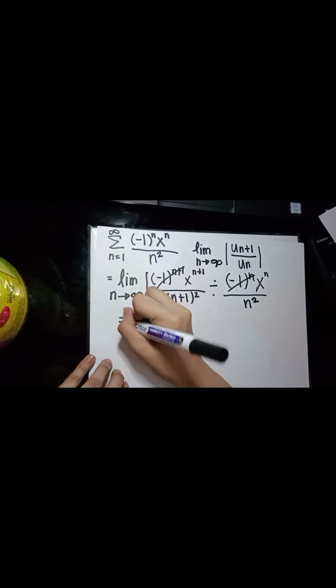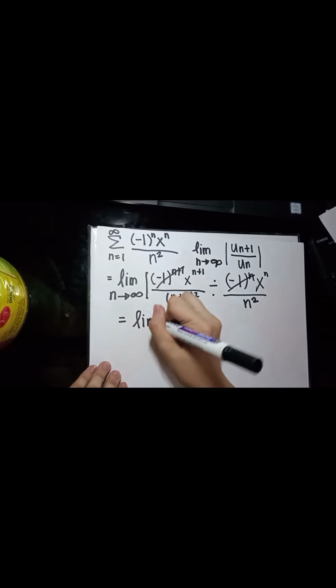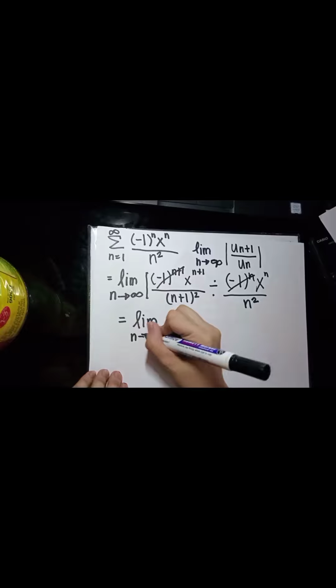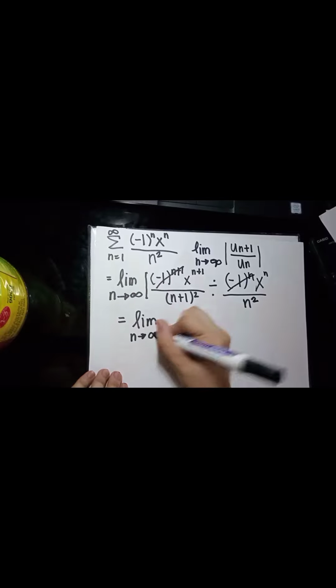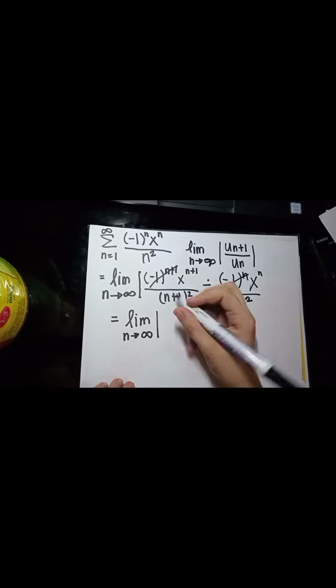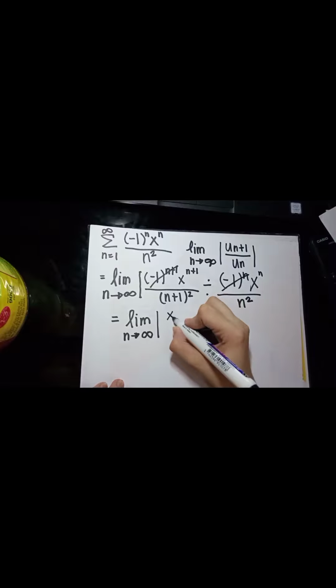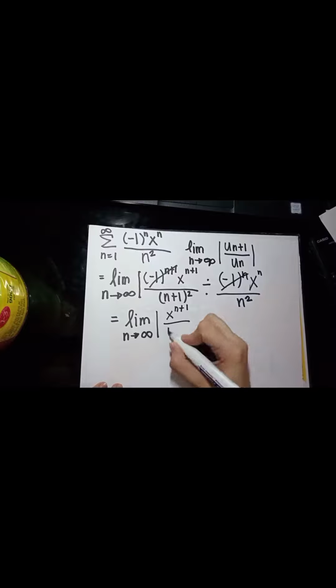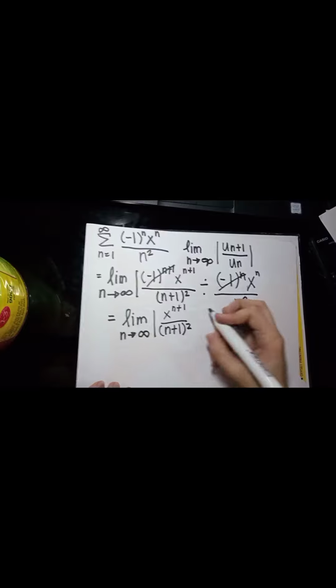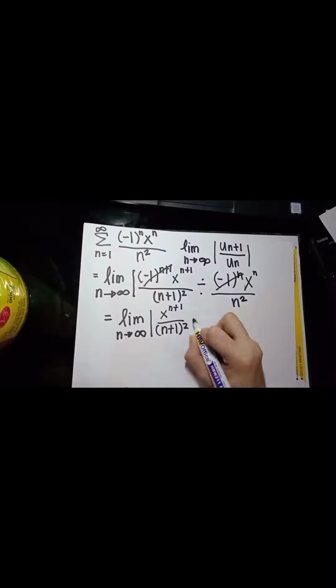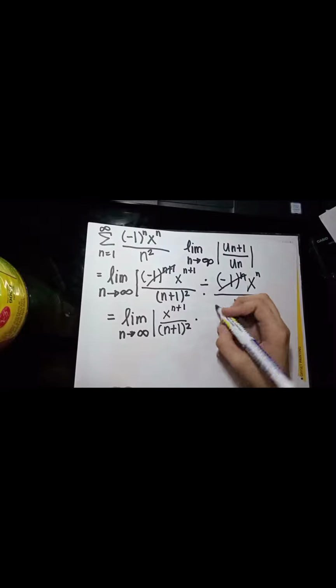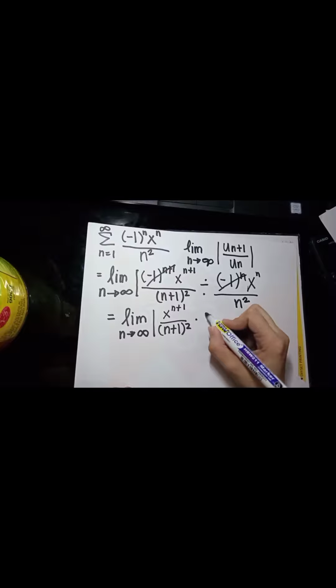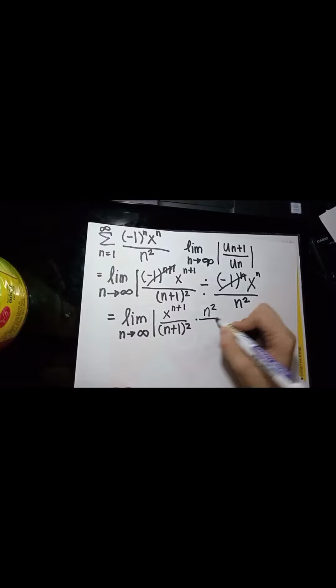So this equals the limit as n approaches infinity of x raised to n plus 1 over n plus 1 raised to 2 times n raised to 2 over x raised to n.